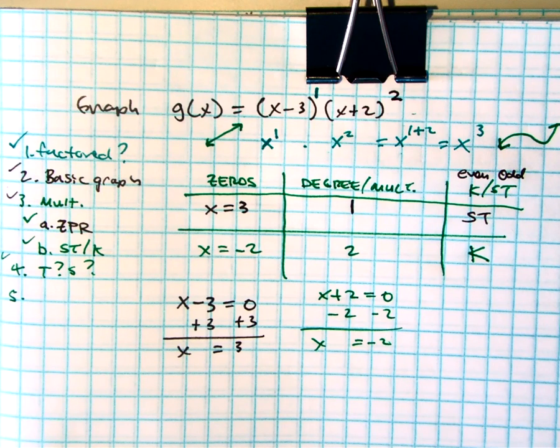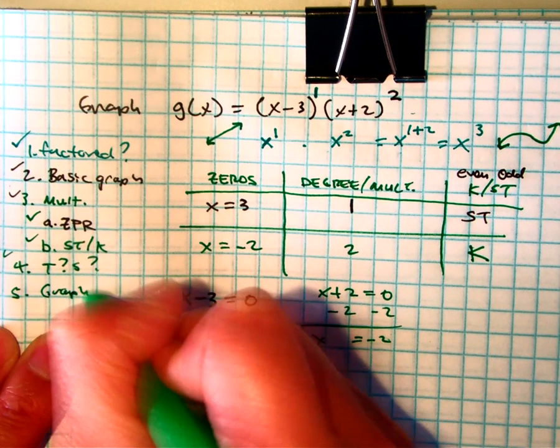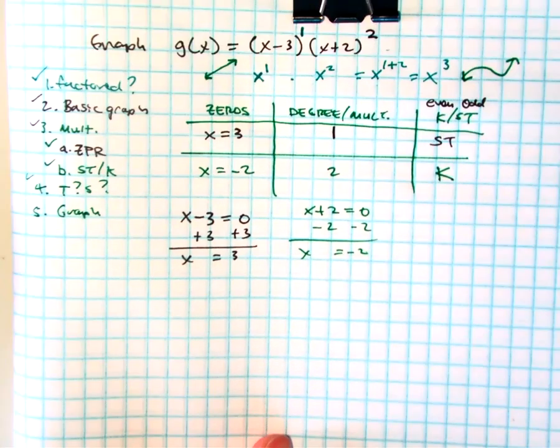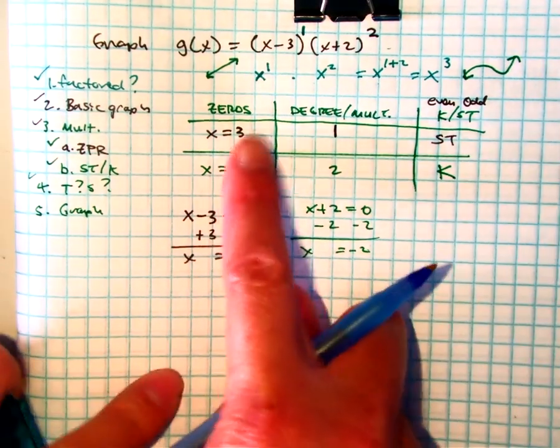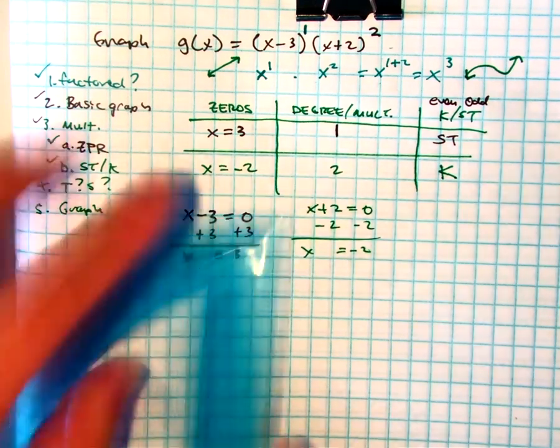Let's graph it. Okay? So, get out your ruler, if you haven't already. Let's plan ahead. On my x-axis, I need to have enough of my graph to have a 3 and a negative 2 on the x-axis.